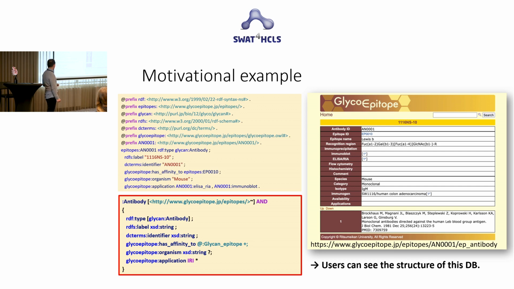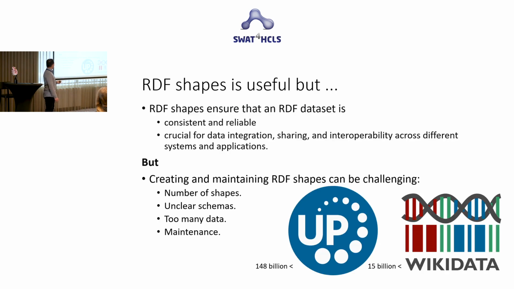By checking this shape, the user can see or learn what the database looks like, the structure of the database. Very useful. RDF shapes ensure that an RDF dataset is consistent and reliable, and are also crucial for data integration, sharing, and interoperability across different systems and applications.